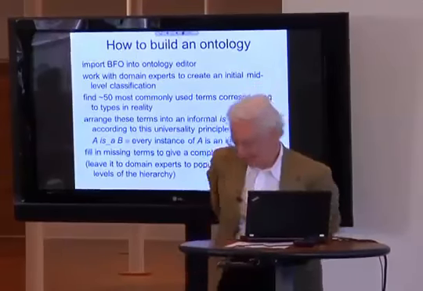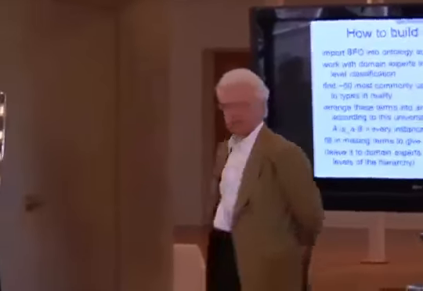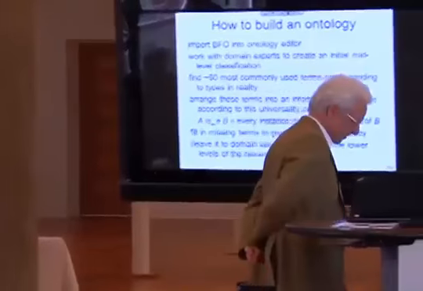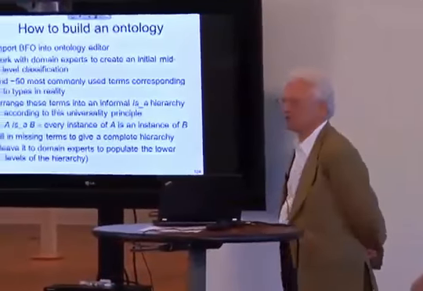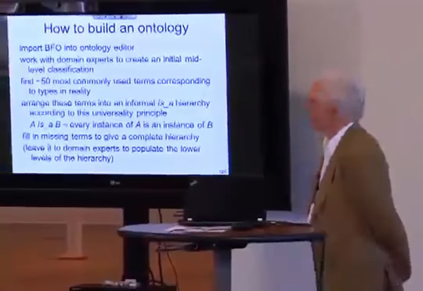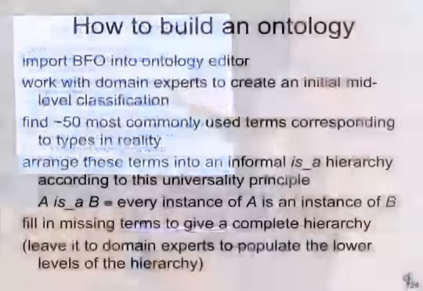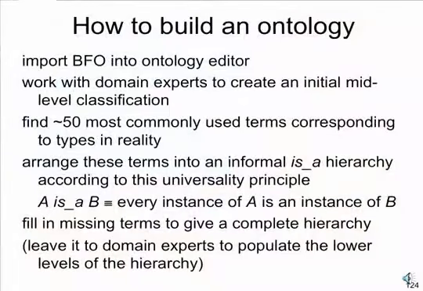So the very basic idea that I was trying to communicate is that Buffo gives you a starting point for building ontology. The way you use Buffo in the simplest possible case is that you import Buffo into an ontology editor. You work with the domain experts to create an initial classification of the main entities in your domain.